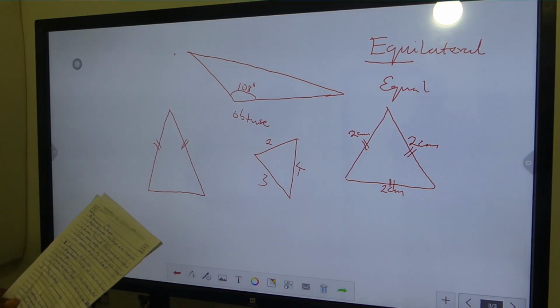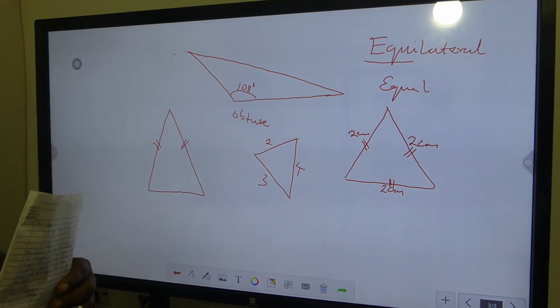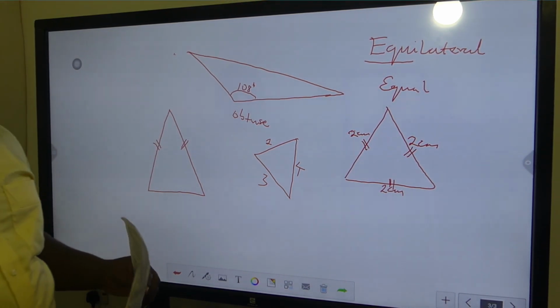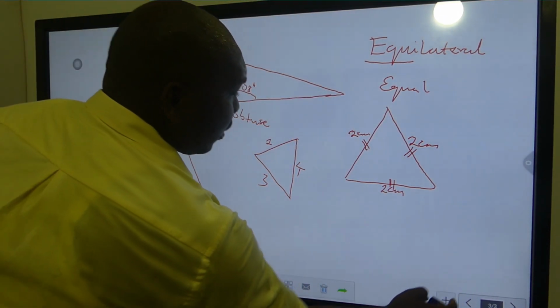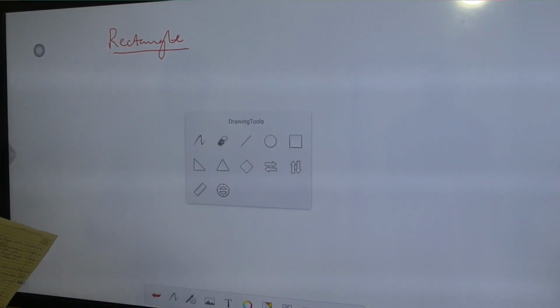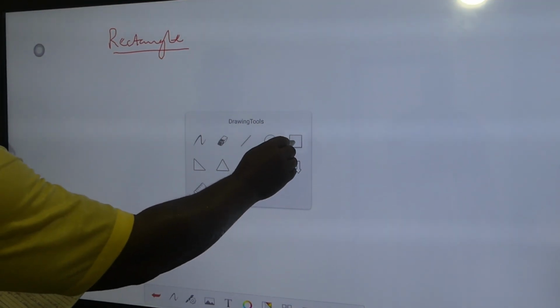The next plane shape we are going to talk about is the rectangle. The rectangle is defined as a shape that has 4 sides.